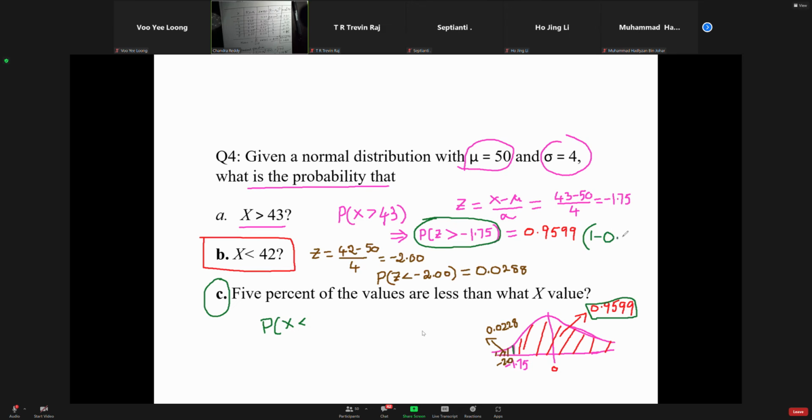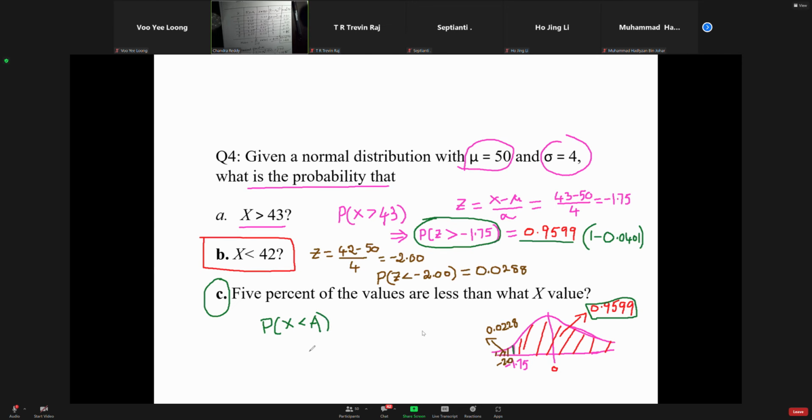The value will be 0.0401. The total area under the curve is 1, and the area below negative 1.75 is 0.0401. So if you do this, you will get 0.9599.